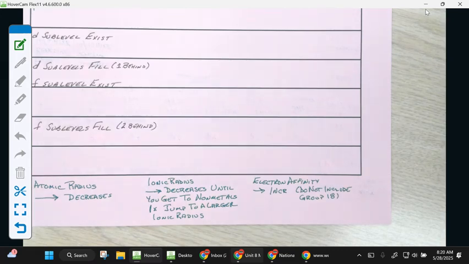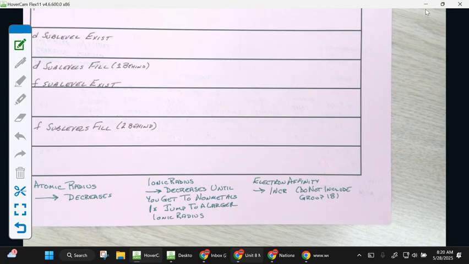So, what do you think is going to happen as you go down a family? It's going to decrease. Why? Because you're getting further away from the nucleus, it makes it harder to hold on to an electron.